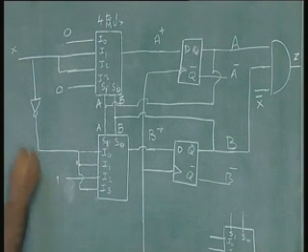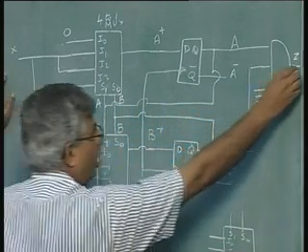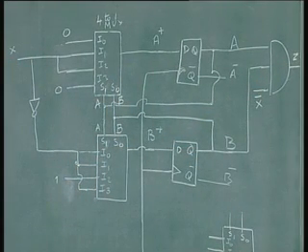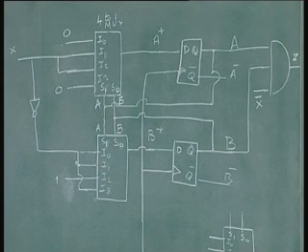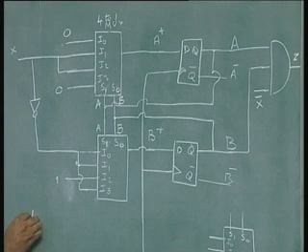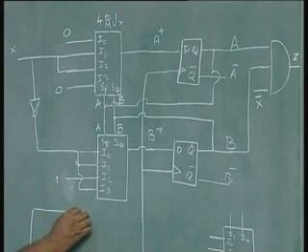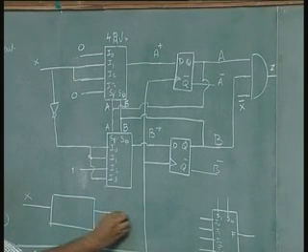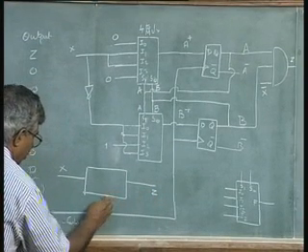This is the design. There is only one input, one output, because after all my system finally should have this type of a box: one input x, one output z, one clock.